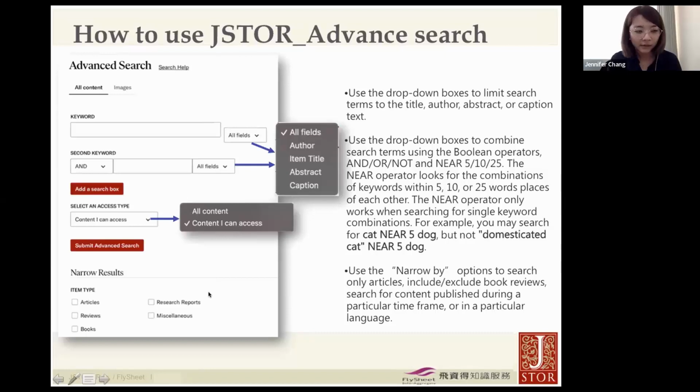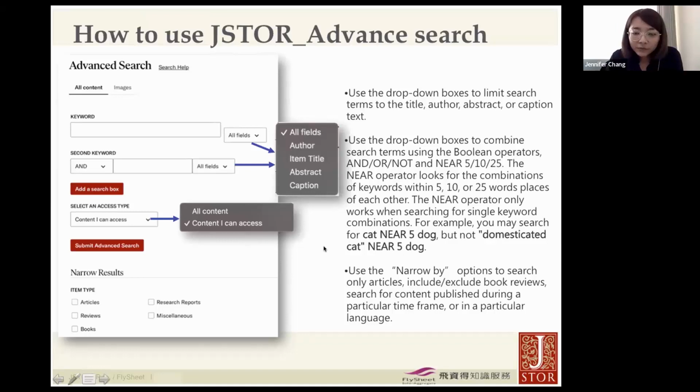And then another thing is the open access, because on the JSTOR platform, more open access has been added in these few years. So you can see the subscription archive and the open access. Choose content I can access. But if you choose all content, then if a result is not allowed to be accessed, there will be a cross before the result. And it will show you that you have no right to access this article or this book.